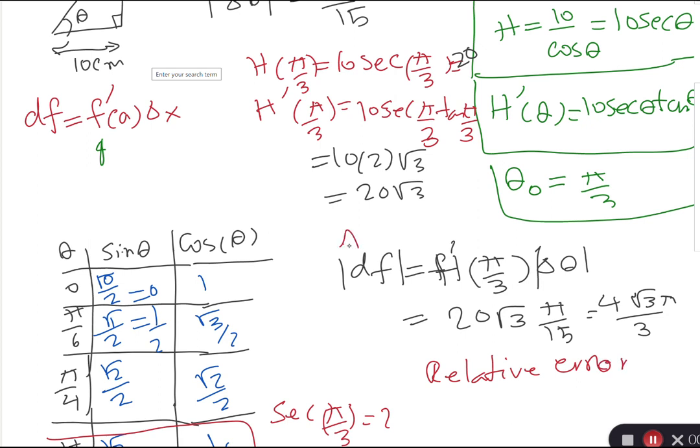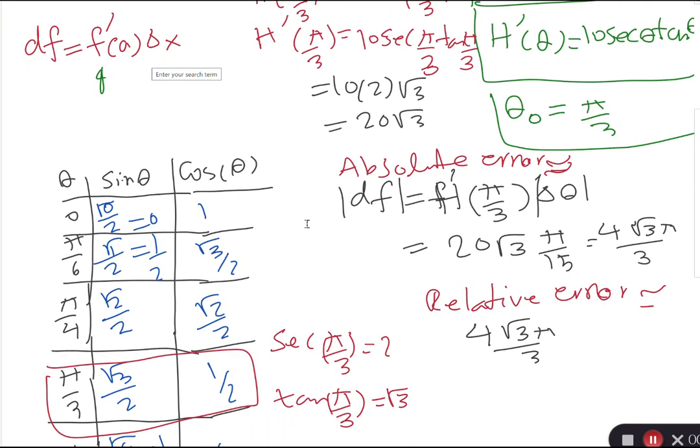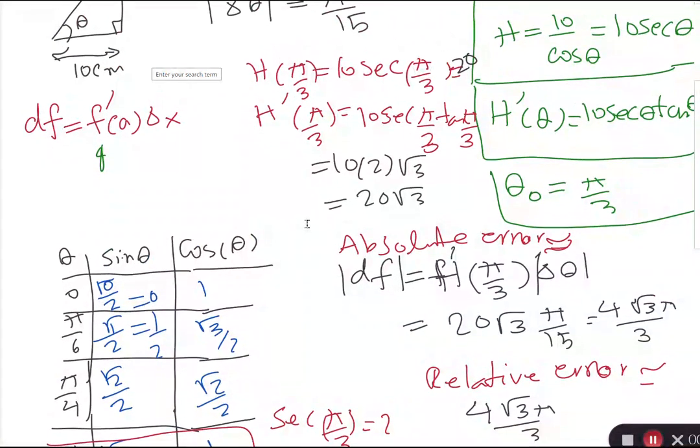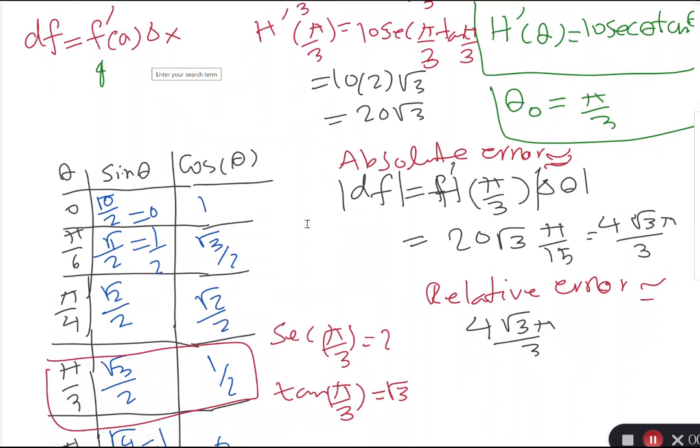The absolute error approximates with this, and the relative error approximates with that value, 4 square root of 3 pi over 3 divided by the actual value of the function, which is h of pi/3, which is 20, divided by 20.